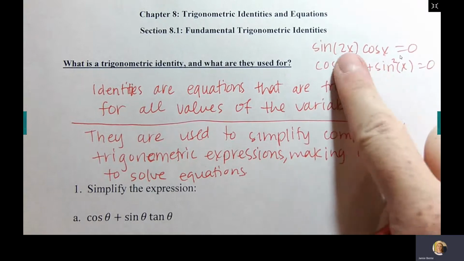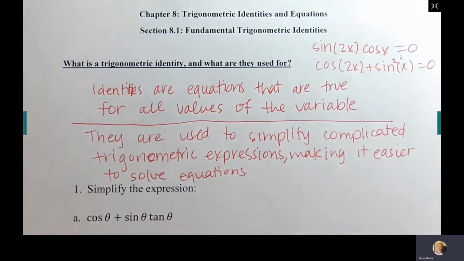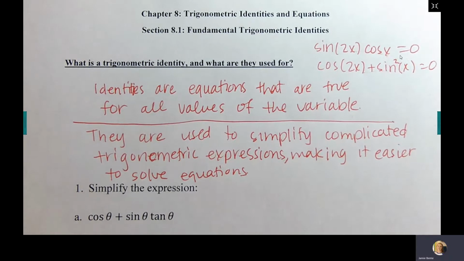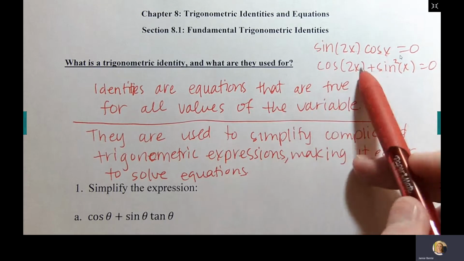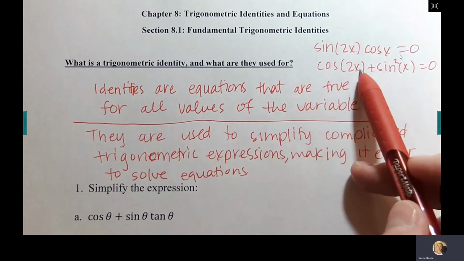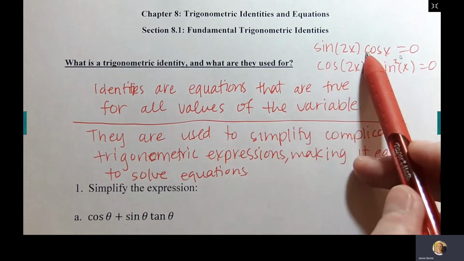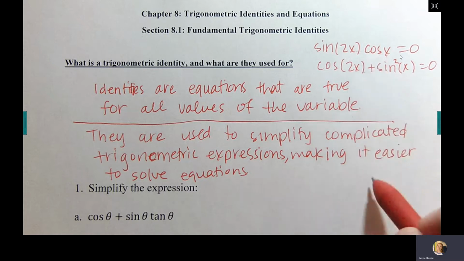It's easier to solve whenever you have things being multiplied, because then you can just use what's called the principle of zero products, and you can split them up and set them both equal to 0. So we're going to use identities to take equations that look like this and rewrite them into something that's easier to solve. All right, so today we're just going to be practicing using these basic trig identities.